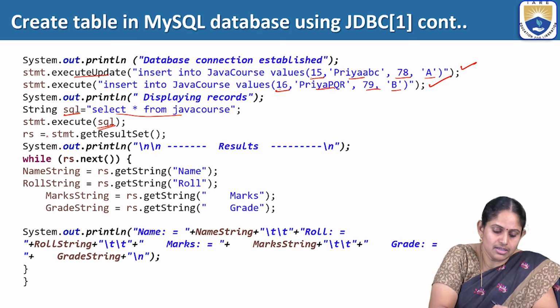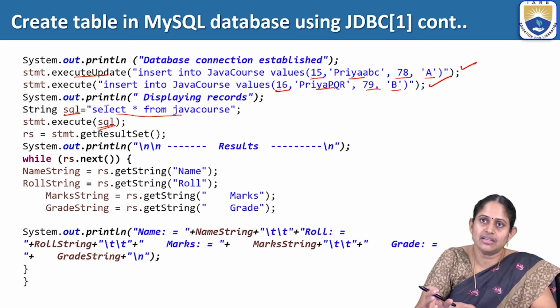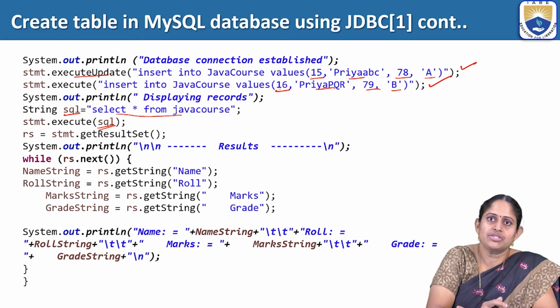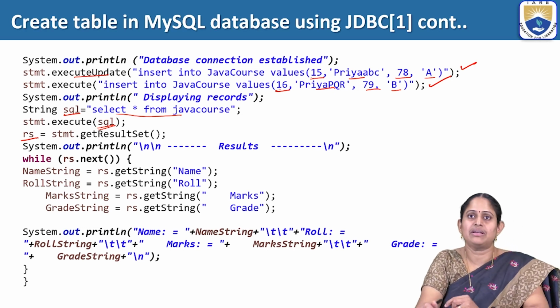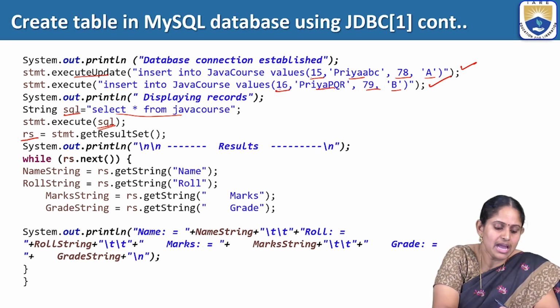Once that is executed, we get that output. That output will be stored in the result set. From that we have to retrieve it. That table is being retrieved into the rs object of the result set.